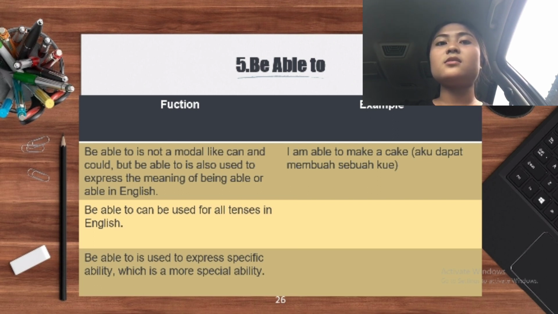In Indonesian, aku dapat membuat sebuah kue. And the next function, be able to can be used for all tenses in English, and be able to is used to express specific ability, which is a more special ability.